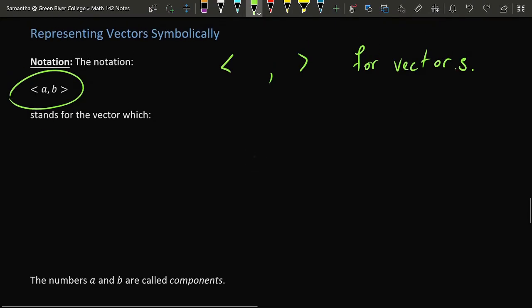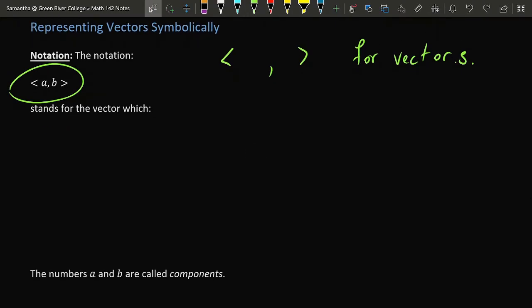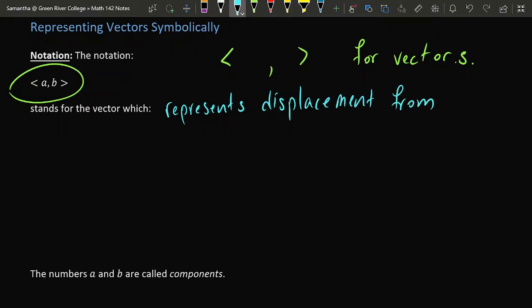Now, what vector are you talking about if you write down angle bracket a comma b angle bracket? You're talking about the vector which satisfies the following property. This is the vector which represents displacement, or movement, from the origin at 0, 0 to the point a comma b.